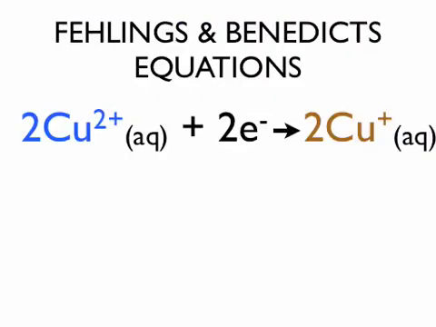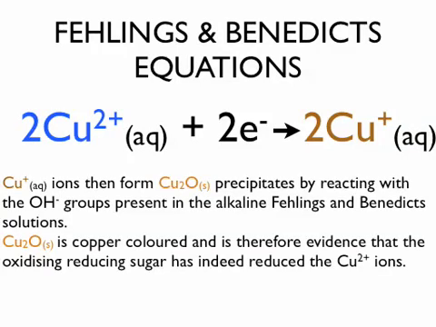Now, the equations are two-step in Fehling's and Benedict's. 2 copper 2 plus ions in solution are reduced by 2 electrons to form 2 copper 1 plus ions in solution. Now, the copper 1 plus ions have that copper color, but what they do is they form copper 2 oxide.